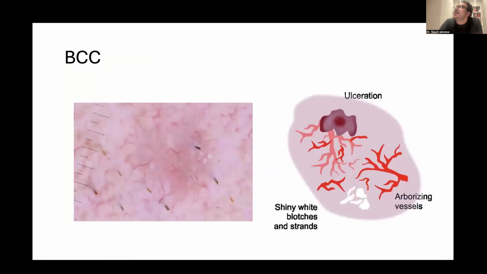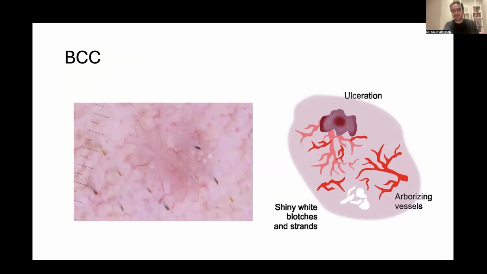جميل. طيب BCCs. BCCs are probably the most common human cancer. It's exceedingly common. يمكن ما نشوفه كثير في السعودية، بس ما في عيادة في أمريكا ما فيها BCC.